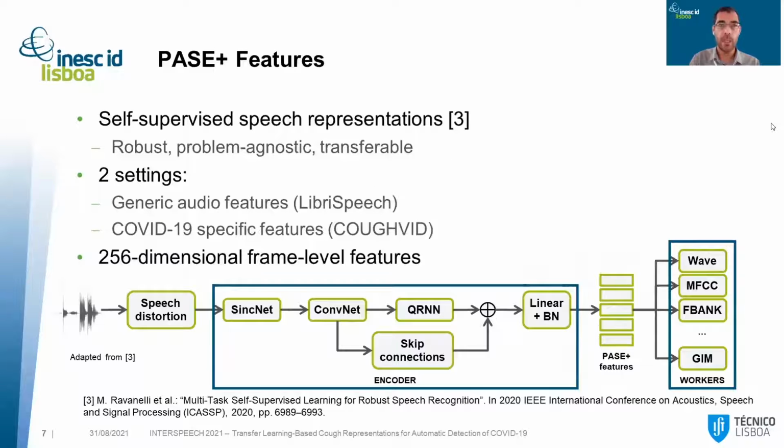Finally, problem-agnostic speech encoder features are self-supervised representations provided by Ravanelli and colleagues. The model architecture consists of an encoder followed by a battery of regressors and classifiers, the workers, that are jointly trained to obtain robust, general-purpose, and transferable representations.